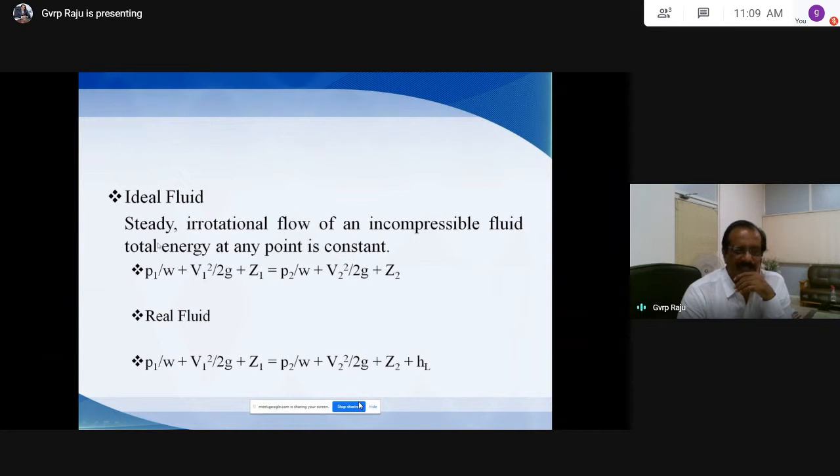So the pressure head plus datum head is also called the piezometric head. And here the piezometric head is P2 by W plus Z2. So the piezometric head is P by W plus Z. For this case, P1 by W plus Z1 is the piezometric head at section 1, and P2 by W plus Z2 is the piezometric head at section 2.